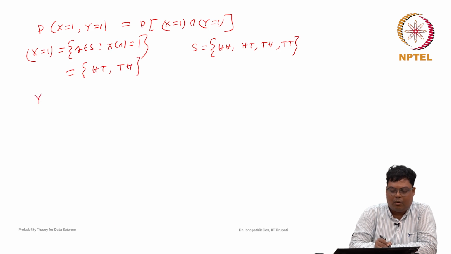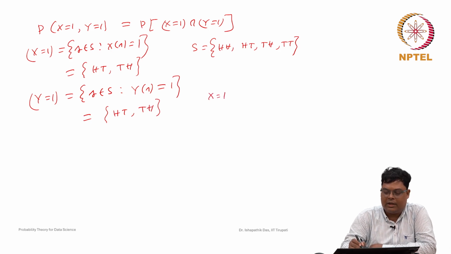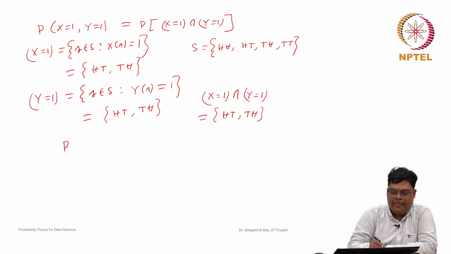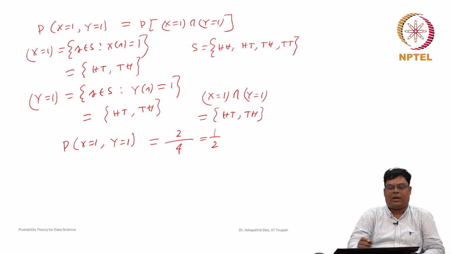In all the examples this is coming the same, so the intersection is the same, head tail and tail head. Now, what will be the probability? The probability that x is equal to 1, y is equal to 1 is 2 out of 4 equally likely points. So 2 by 4, which is 1 by 2. It seems like it is always the same.